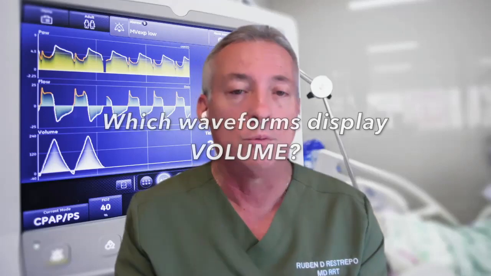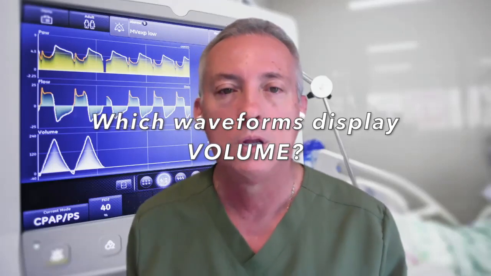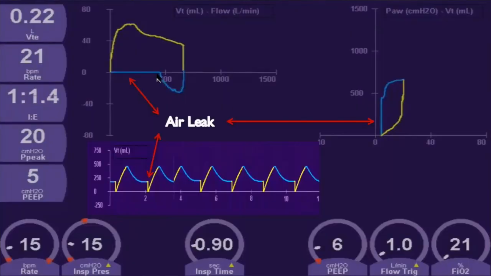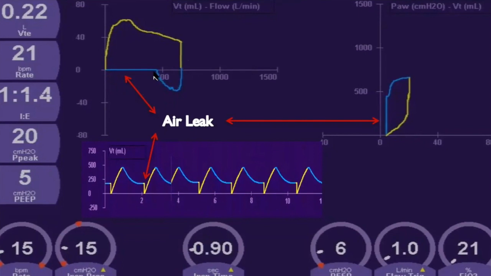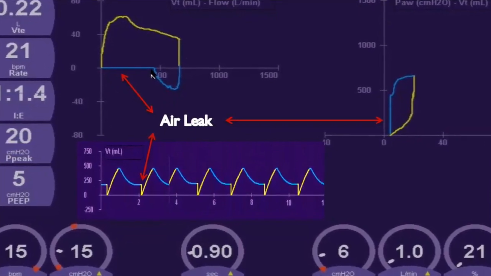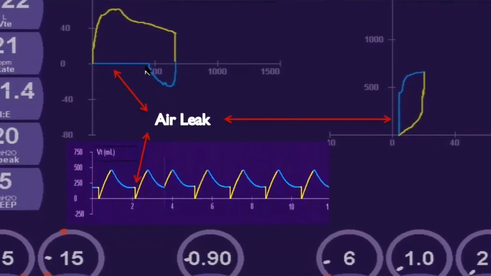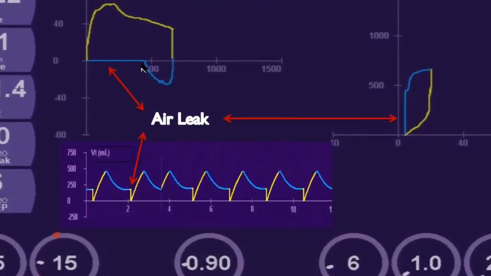So if I leak volume, I need to be thinking, how do I recognize this on waveforms? There will be three different waveforms that display the leak. One, the volume versus time. The other is the flow volume loop, and the other is the pressure volume loop. In those three instances, there will be a gap between the inhaled and the exhaled.